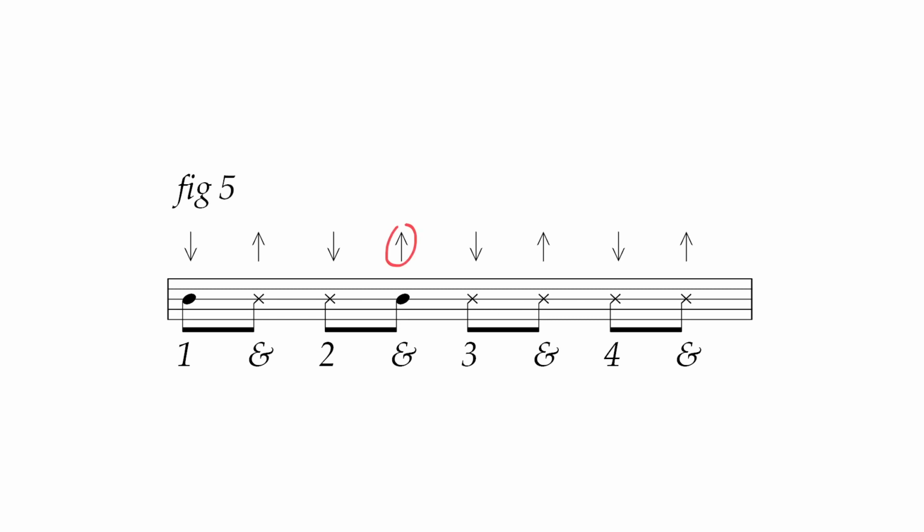Now let's add the and of 2, which will be an up strum since it's on an upbeat, and play both notes short. Our goal here is to make everything as even as possible.